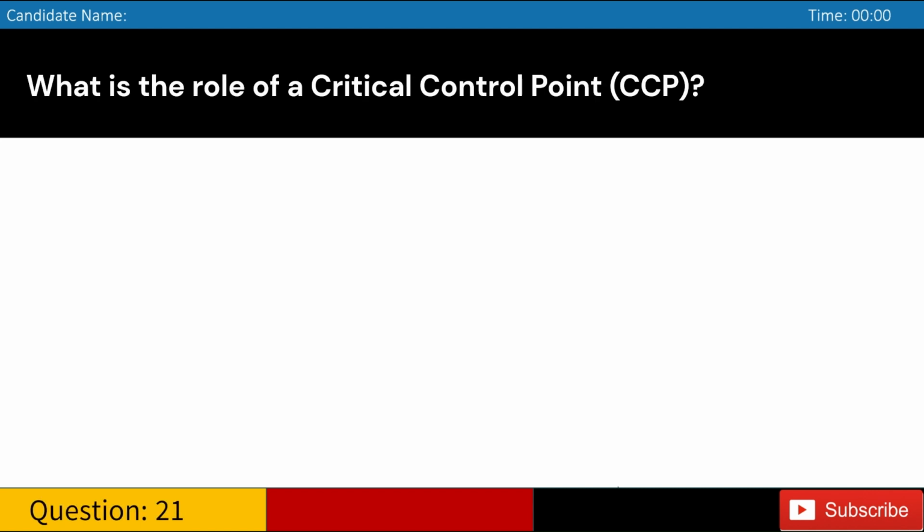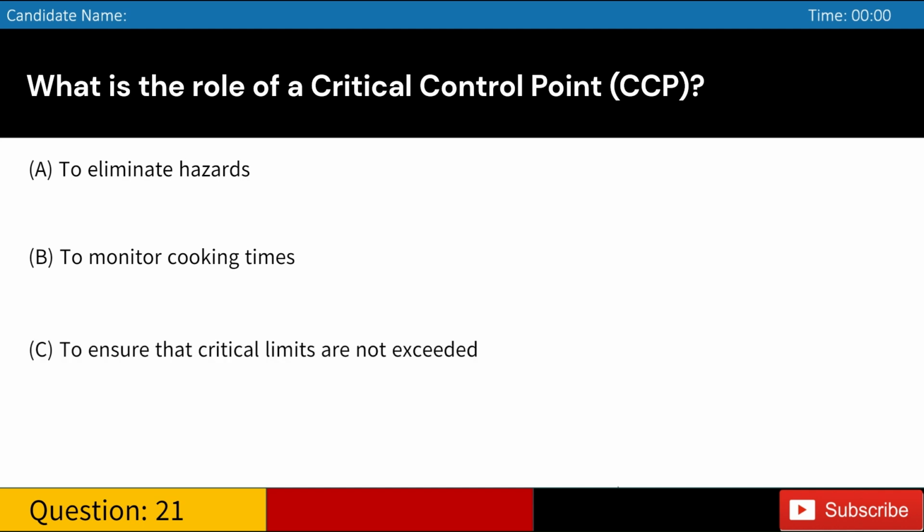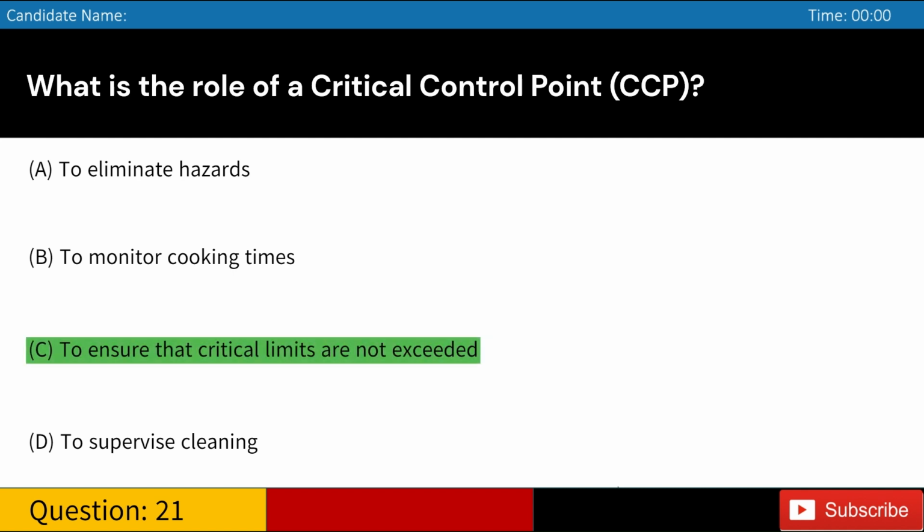What is the role of a critical control point, CCP? A. To eliminate hazards. B. To monitor cooking times. C. To ensure that critical limits are not exceeded. D. To supervise cleaning. Answer C. To ensure that critical limits are not exceeded.